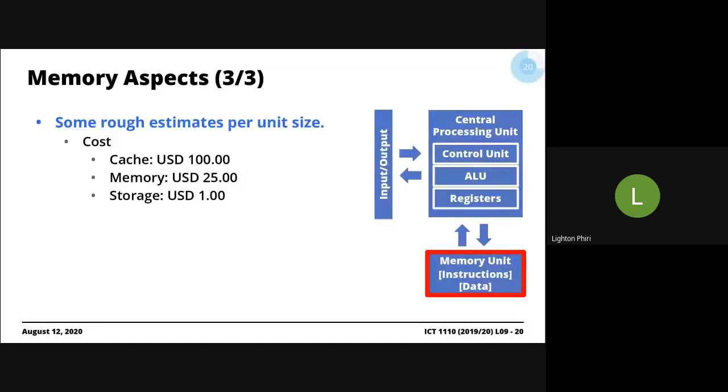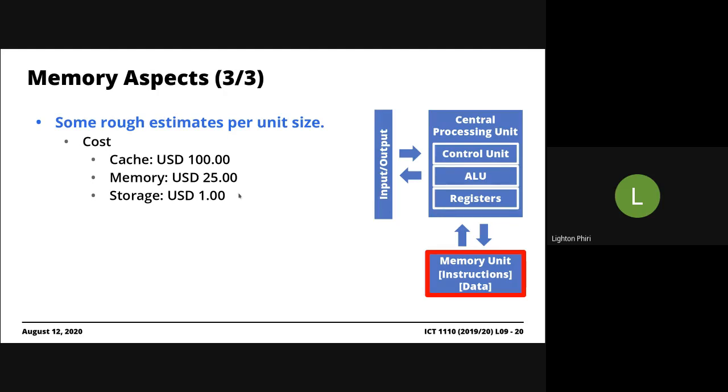Again, in terms of cost here, notice that the cost will typically decrease as you're moving away from the CPU. The memory components that you find on the CPU are usually much more expensive than secondary storage, for instance, or RAM.